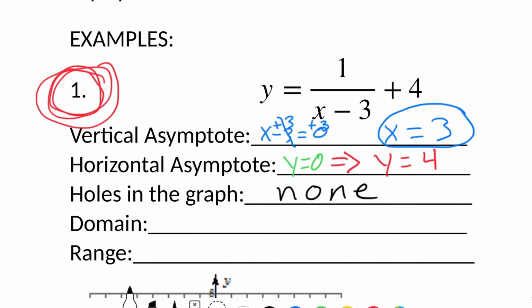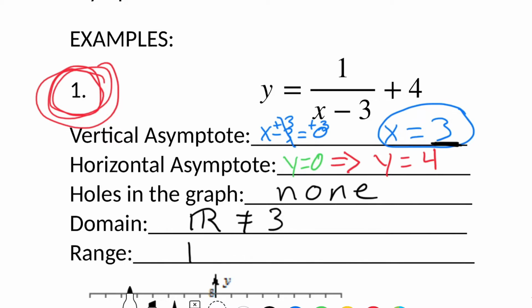So then you look at the vertical, horizontal asymptote, and the holes to determine your domain and range. So you always start off with all real numbers, and I always tend to put not equal to. If there's going to be a vertical asymptote at 3, that means your graph is going to skip where x is 3. So your domain is not going to include x value of 3.